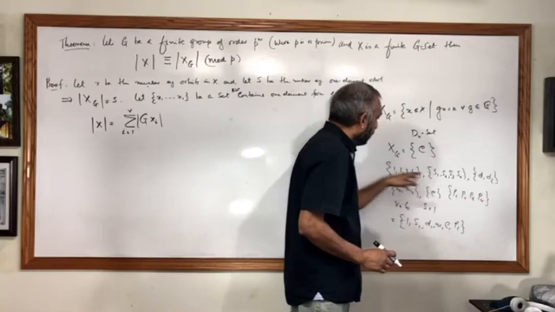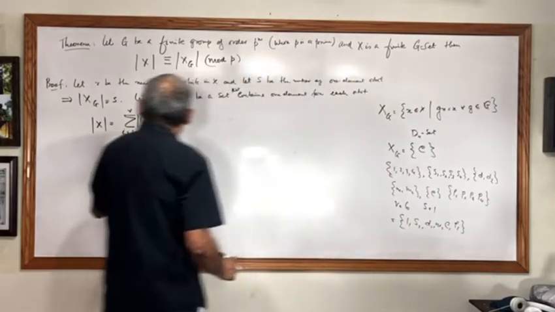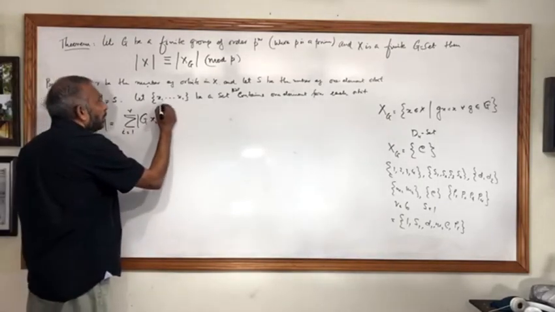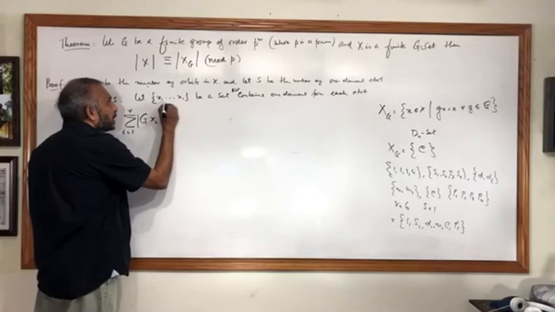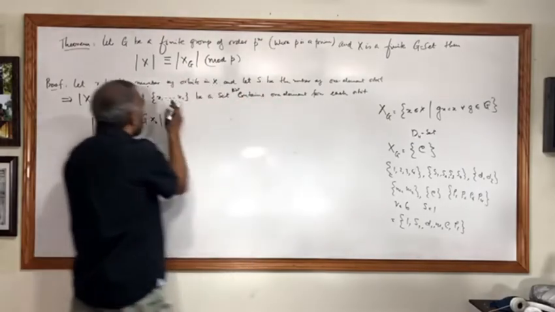And the total number of elements is the total number of elements in X. Now we are reordering this x1, ..., xr in such a way that all these s elements come first.